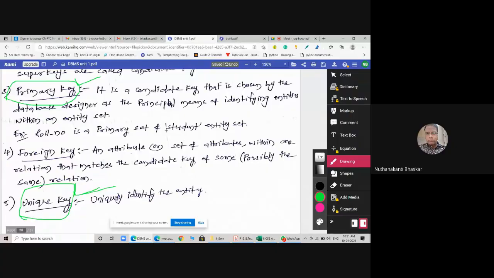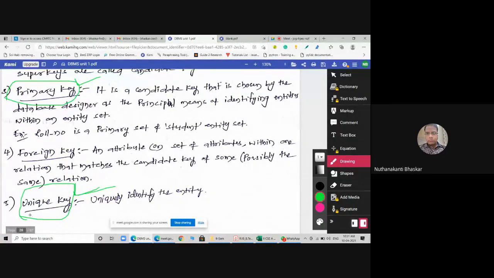These are also key attributes, but not the primary key because we are designing a student database. So the hall ticket number is the primary key, and the Aadhaar, PAN, and other keys can work as unique keys. Only one attribute works as a primary key for any relation, but in a unique key, we can take n number of attributes. That is the difference.